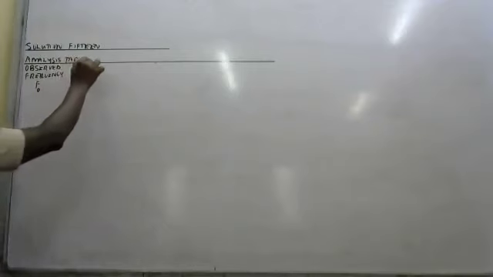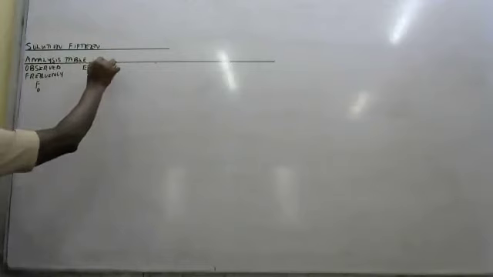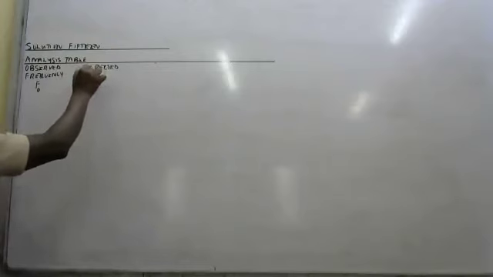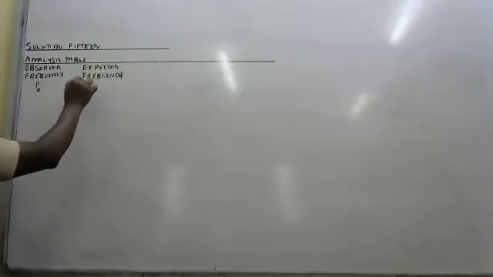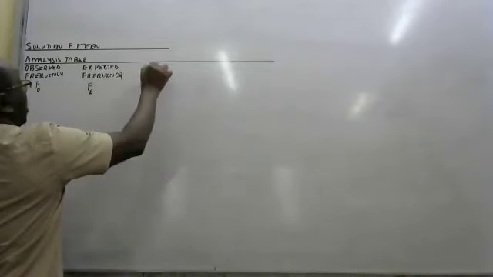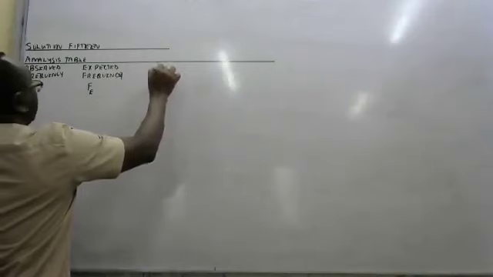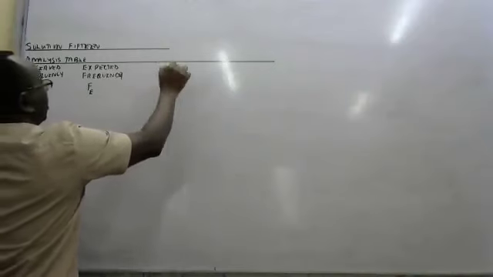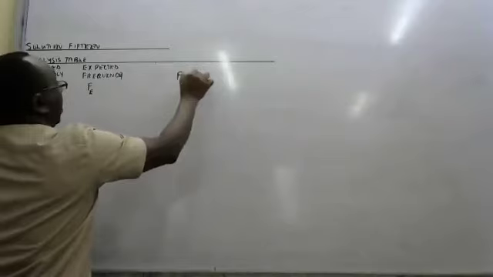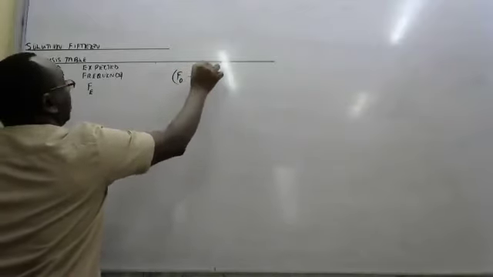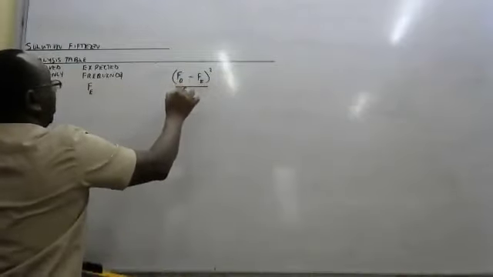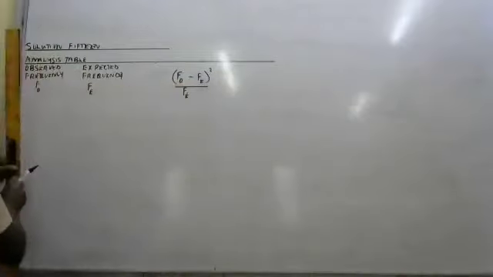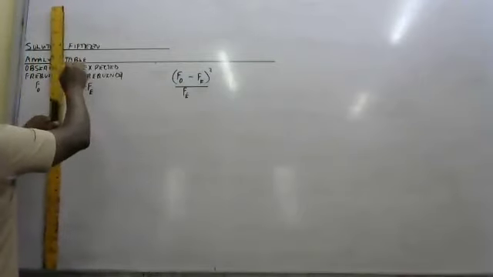Then we will get the expected frequency, and this is the one we are calling FE. Then we'll have a column where we have F naught minus FE. You square this, you divide by FE. Make those ones.